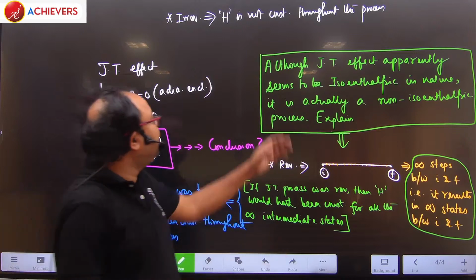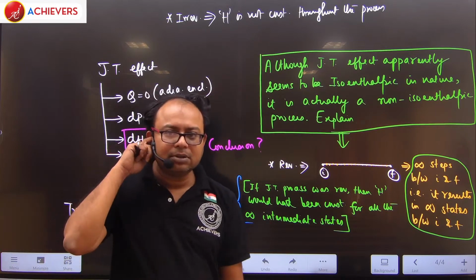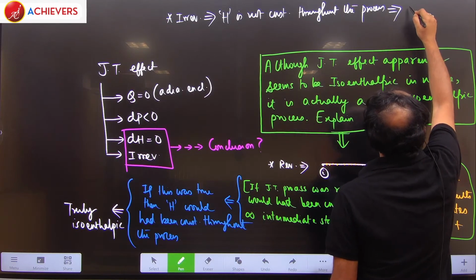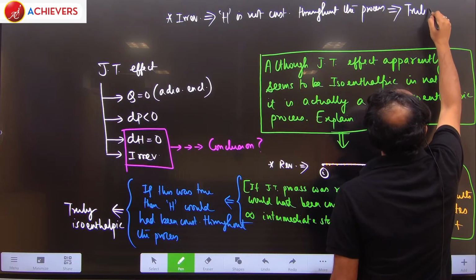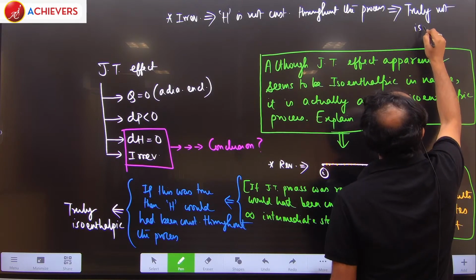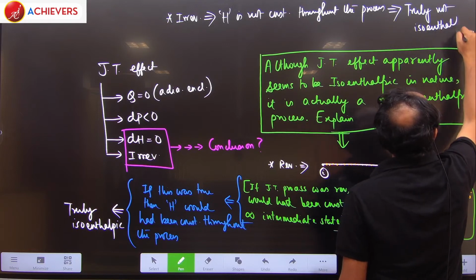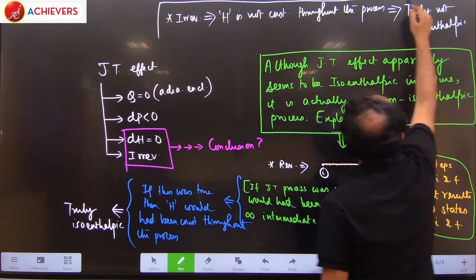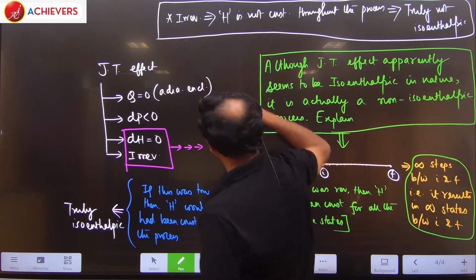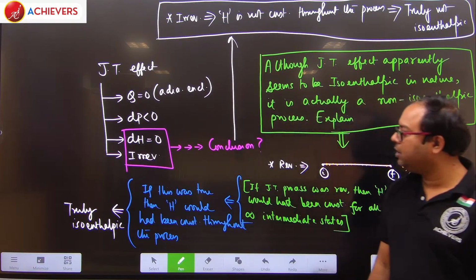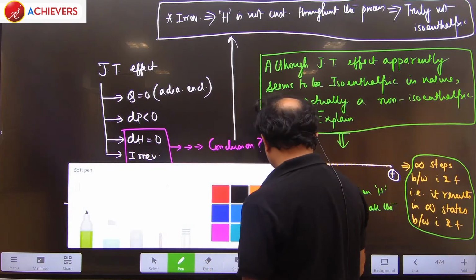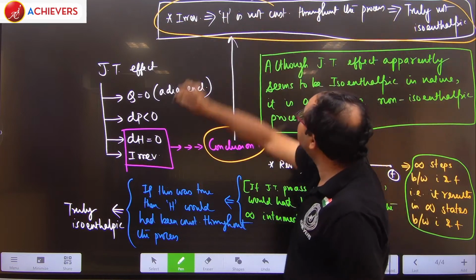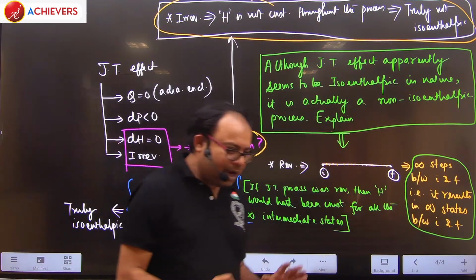As it is irreversible in nature, H is not constant throughout the process, and so you can say it is truly not isenthalpic. This is a very important conclusion. It is not truly an isenthalpic process.